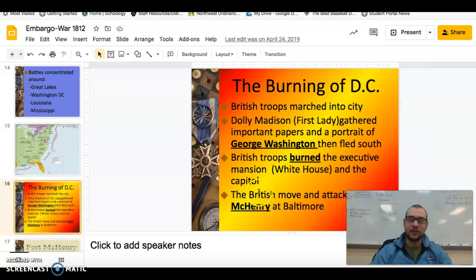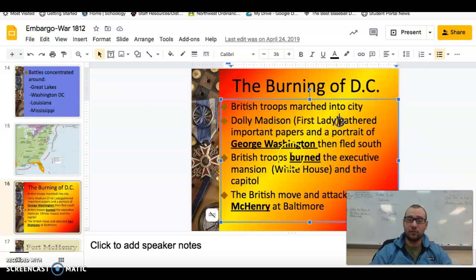Again, one of the big interesting parts about the War of 1812 is the burning of Washington, D.C. British troops marched into the city. Dolly Madison, the First Lady, was actually pretty brave, and when the troops were coming in, she was able to grab all the important papers. She's also able to grab this famous painting of George Washington.